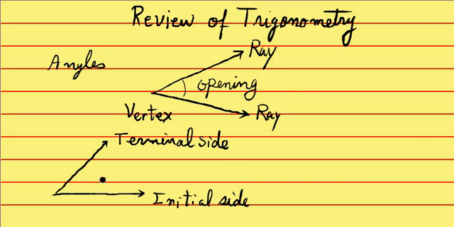In that case, I'm going from initial side to the terminal side, and there is going to be a sense of movement. And in case we go in this direction, or the counter-clockwise direction, we are going to consider our angle to be positive. So counter-clockwise rotation is going to be considered as positive.